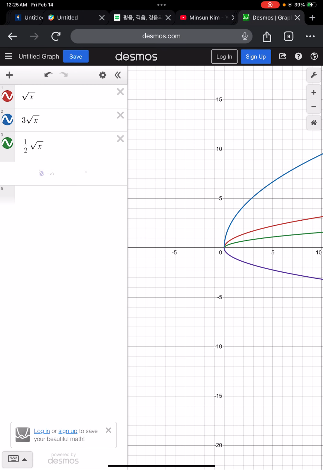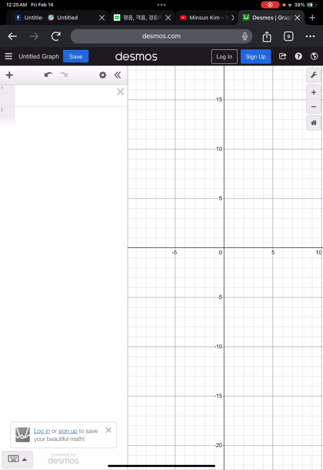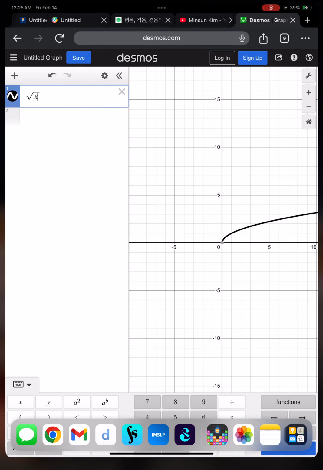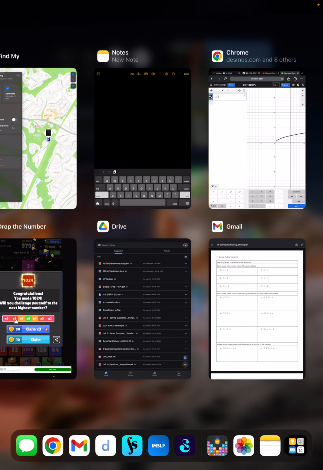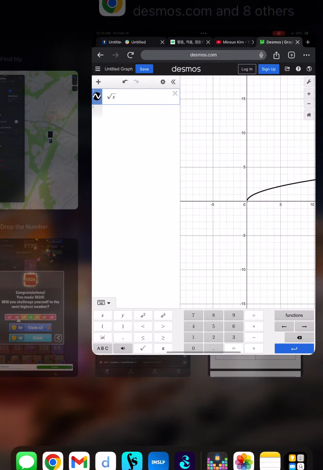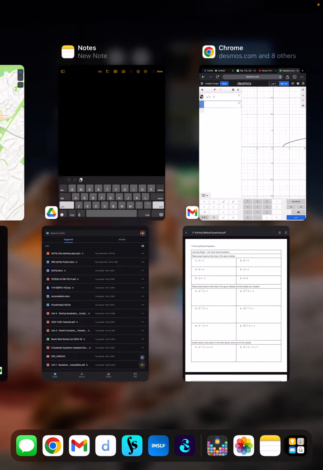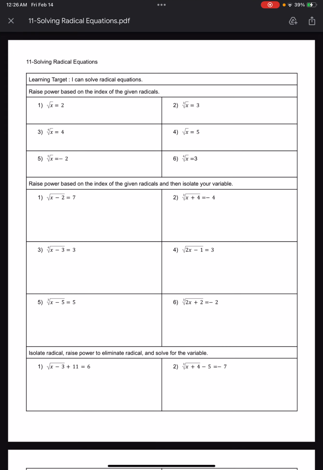So your equation was square root of x minus 3, so you have x minus 3 inside, and then once you isolate it, it was equal to negative 5.